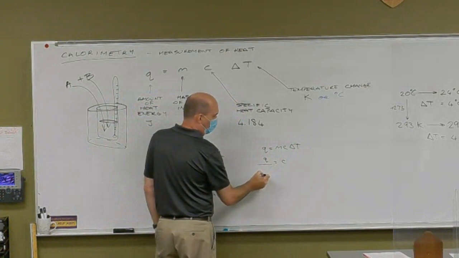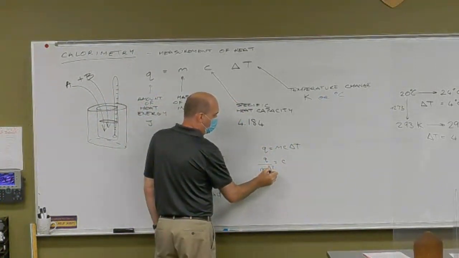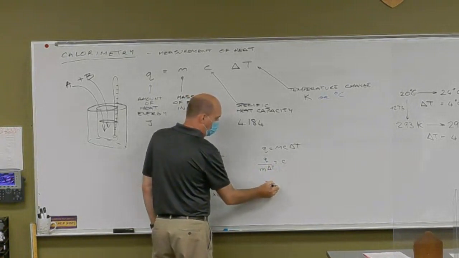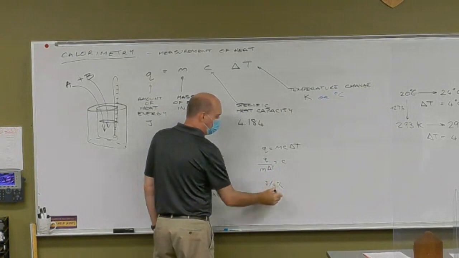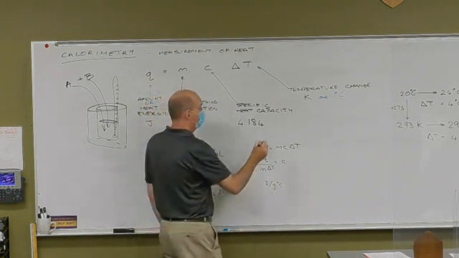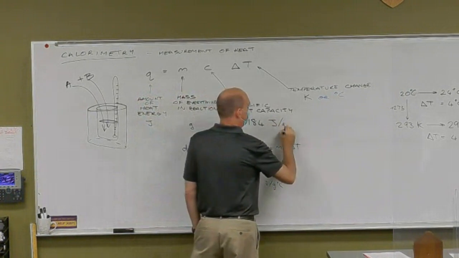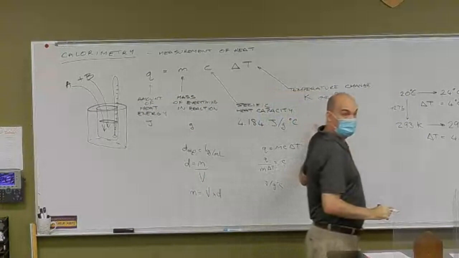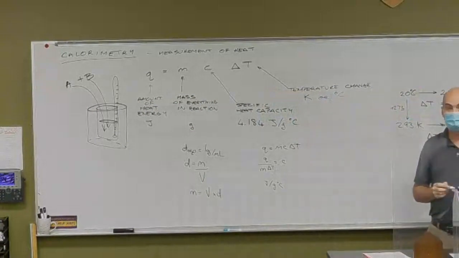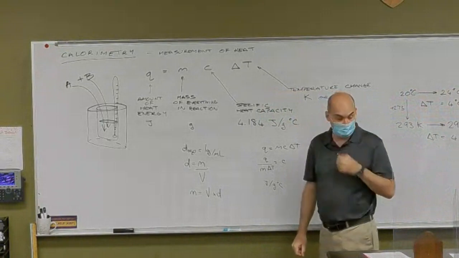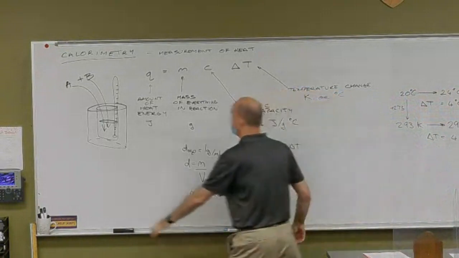C is Q divided by M divided by delta T, which is joules per gram per Celsius, or Kelvin. The degrees Celsius and Kelvin are interchangeable in this instance. Okay.